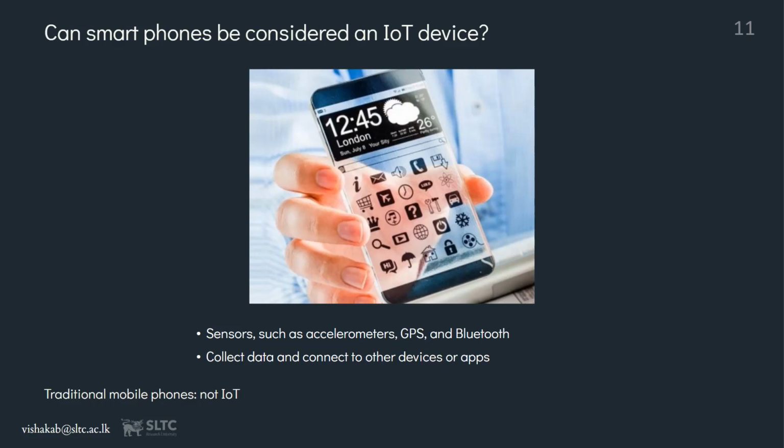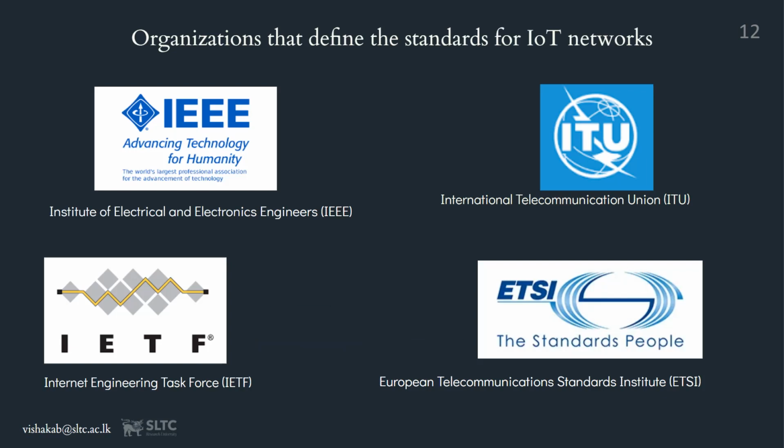using the IoT technology. Traditional mobile phones, which do not have connectivity to the internet, are not considered IoT devices, right? There are some organizations that define the standards for IoT networks.